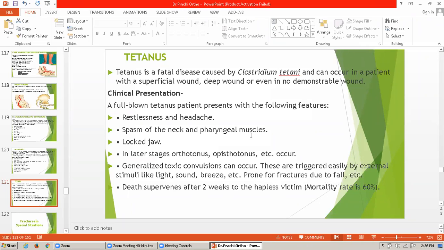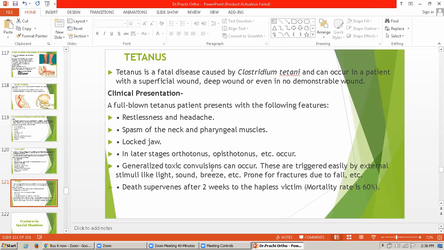So tetanus is a fatal disease caused by Clostridium tetani and can occur in a patient with a superficial wound, a deep wound, or even no demonstrable wound. A full-blown tetanus patient shows restlessness, headache, spasm of the neck and pharyngeal muscles, then locked jaw. In later stages, there is orthotonus, opisthotonus.